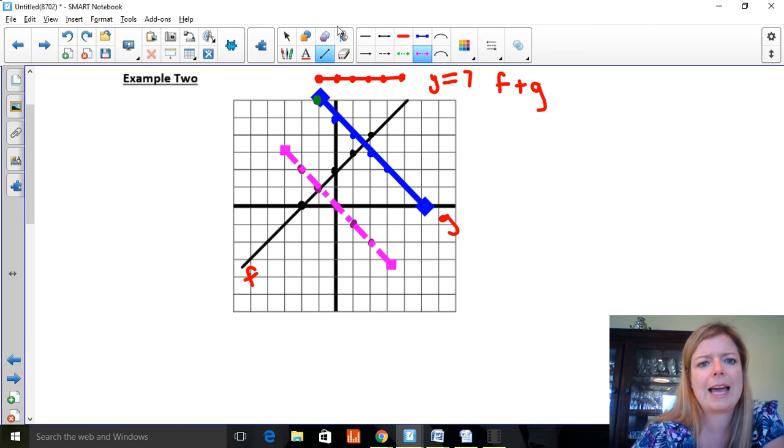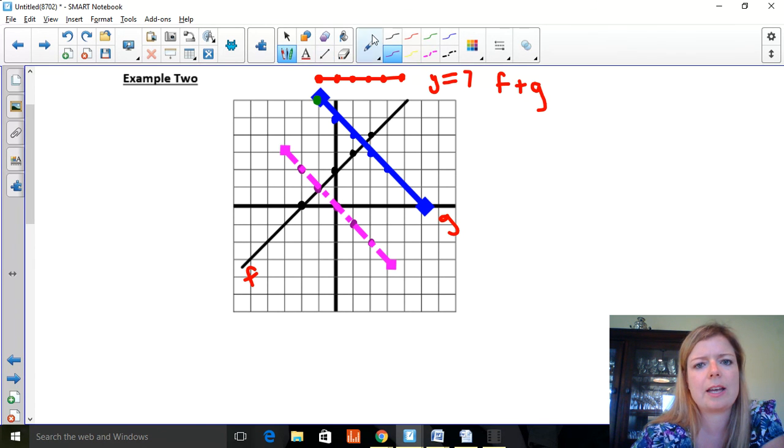Okay, so now we're going to multiply the black one and the purple one together. So this is 0 times 2, so you would just get 0. Okay, you're looking at the y values. Here it's 1 times 1, so you'd still get 1. Here it's 0 times 2, so you'd get 0.